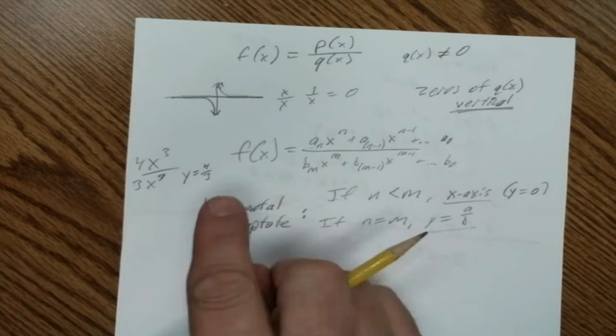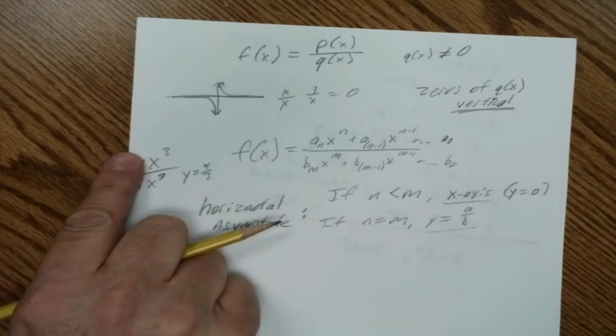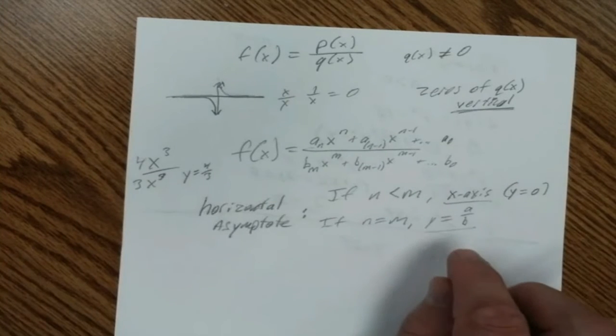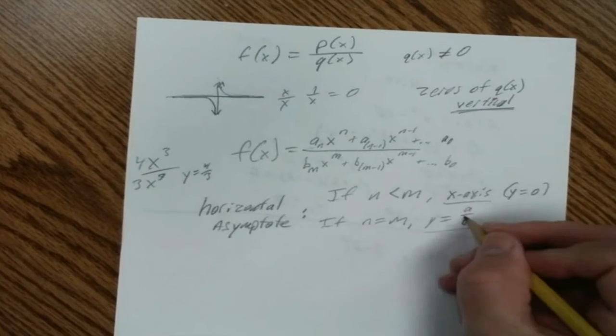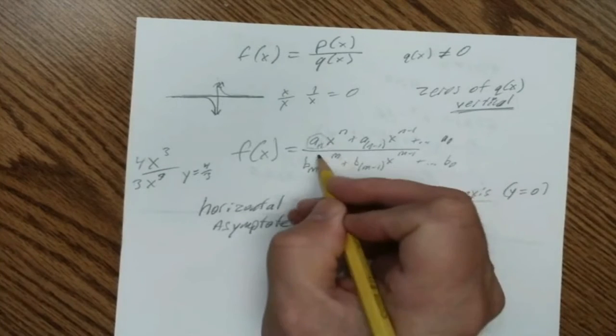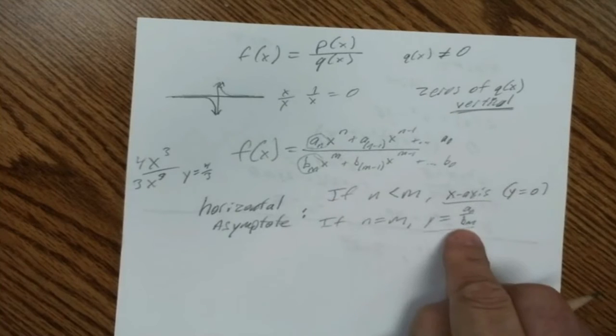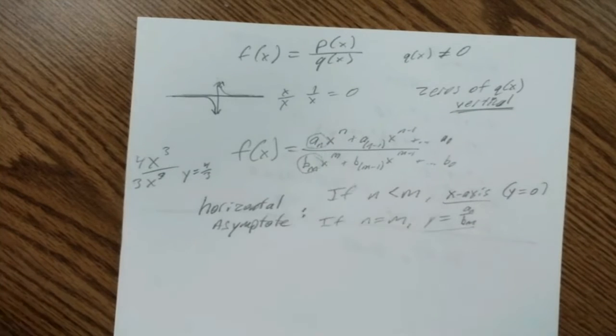If there are no coefficients, then it's y equals 1, right? Because the coefficient is 1 over 1. So we just look at those coefficients, and that becomes the horizontal asymptote, a over b, whatever the first a over this one is. I guess a of n to b of m, whatever that first coefficient is that goes with the largest power.